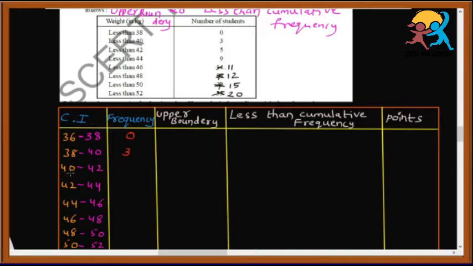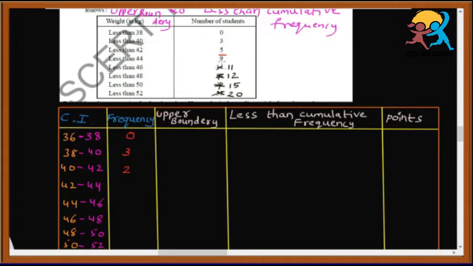We should write the number of students having a weight from 40 to 42 kg. Here, less than 42 is 5 students. In these 5 students, the 3 students will be included, so just exclude them to write the frequency of 40 to 42 kg. If you subtract 3 from 5, we get 2.